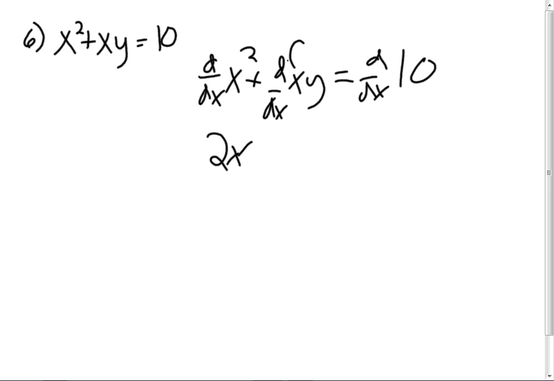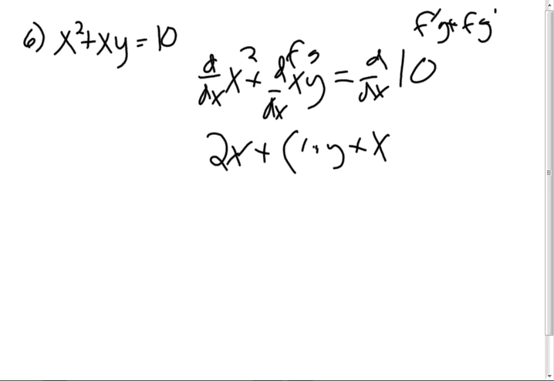So let's say this is f and this is g, and we know it's f prime times g plus f times g prime. So x. What's the derivative of x? 1. So plus 1 times y plus x.